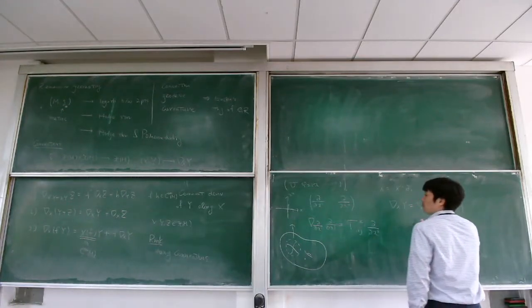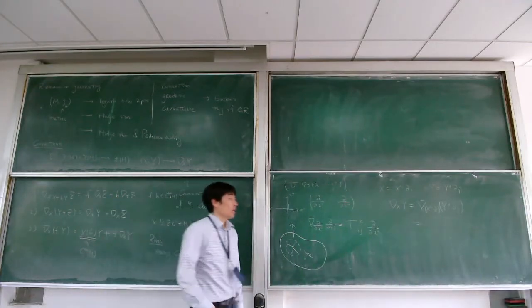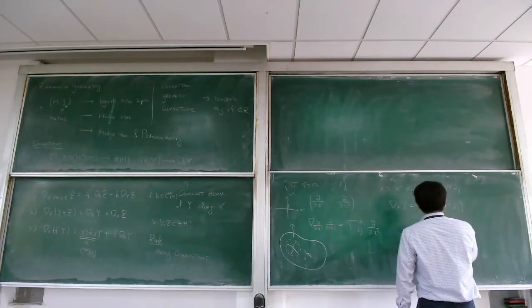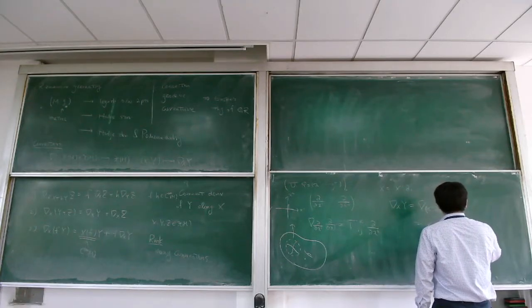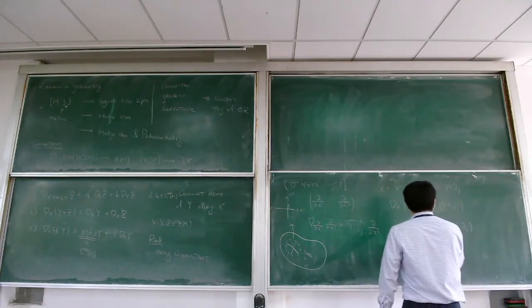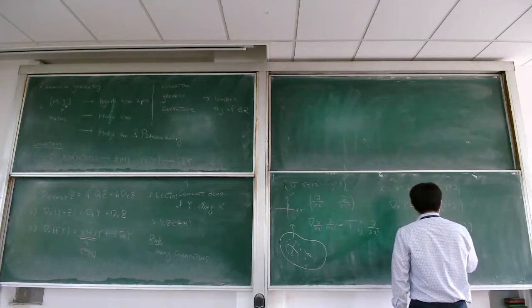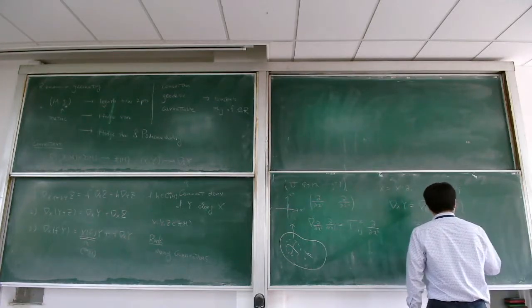If you apply the first one, we get this. Then what you get is X^i partial_i Y^j.